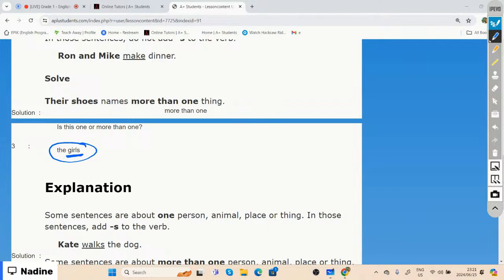If we say the girls are playing with the dolls, are we saying it's one girl playing with the doll, or are we saying it's more than one girl playing with the doll? The girls.